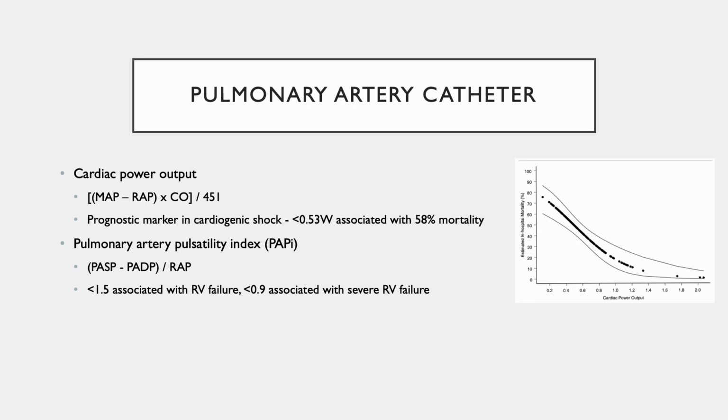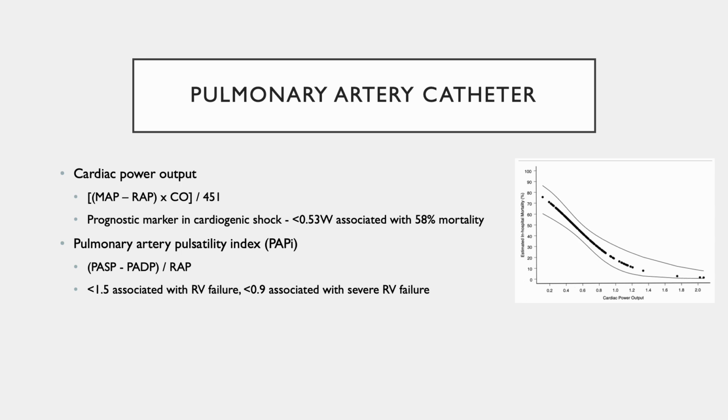Two important parameters are cardiac power output and the pulmonary artery pulsatility index. Cardiac power output, or CPO, takes into account both blood pressure and cardiac output, and has been shown to be a strong prognostic indicator in cardiogenic shock.